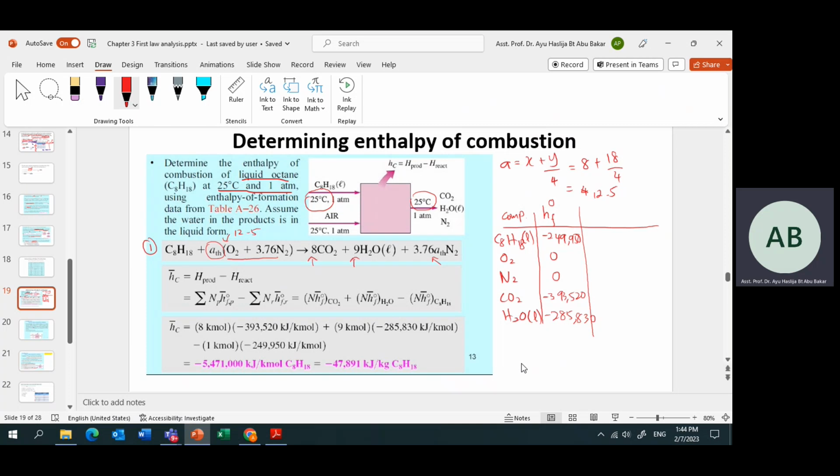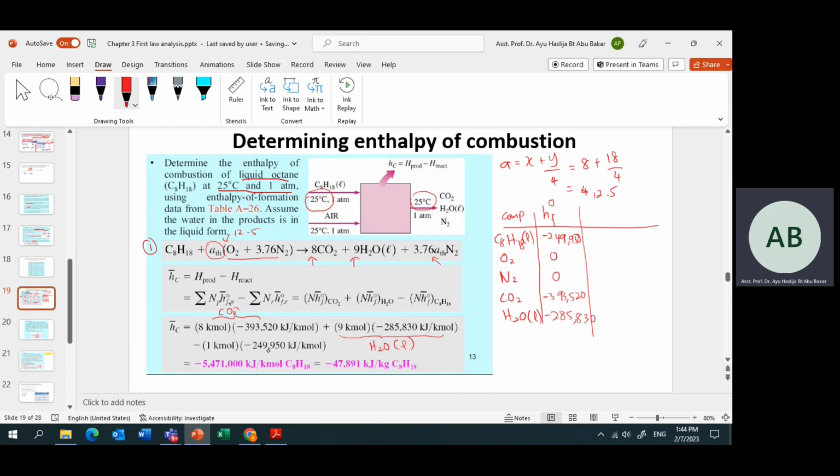Okay, then plug into the equation. Product, which is your CO2, 8 moles multiplied by heat of formation. This part is for CO2. This part is water, liquid.